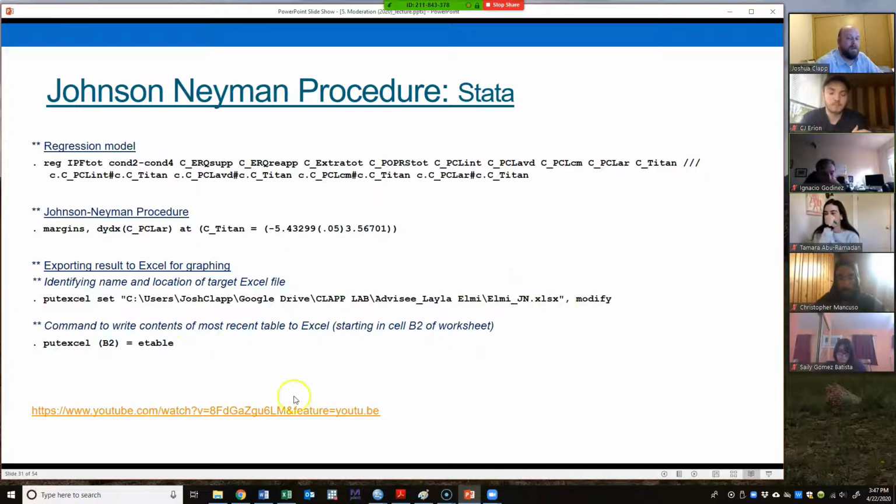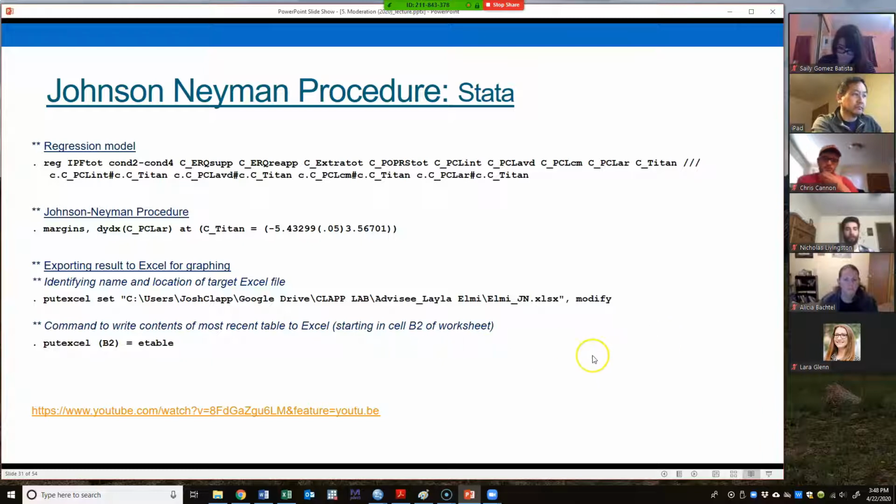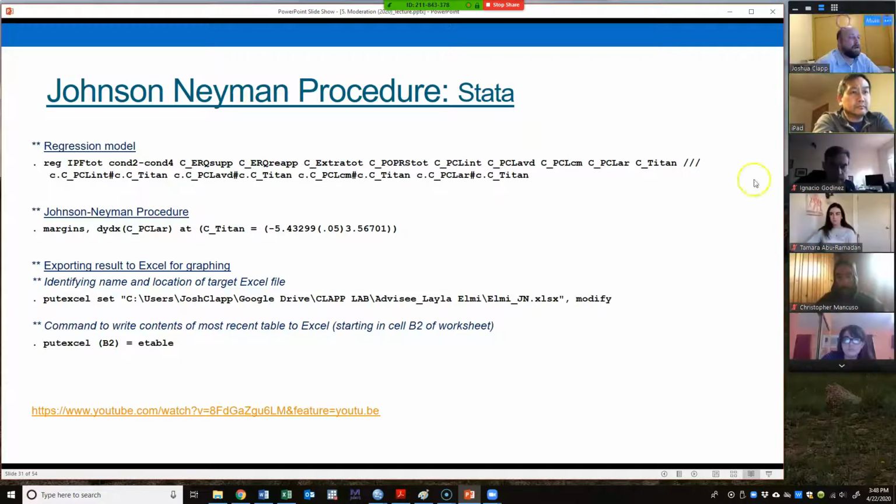And if anybody is interested in watching me walk through one of these to see this process, you can go through and take a look here. But maybe most relevant to anybody using Stata in their work. Okay. All right. Any last questions on the Johnson-Neyman procedure? I'm not going to have you do this. I just want to present it as an alternative to give a little bit more information.